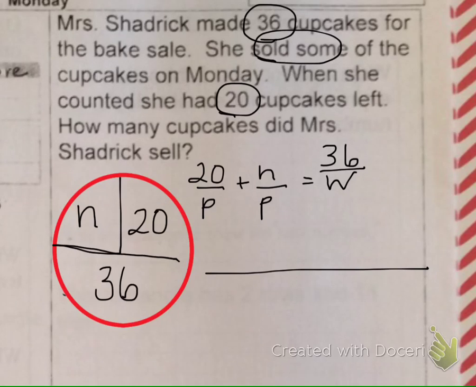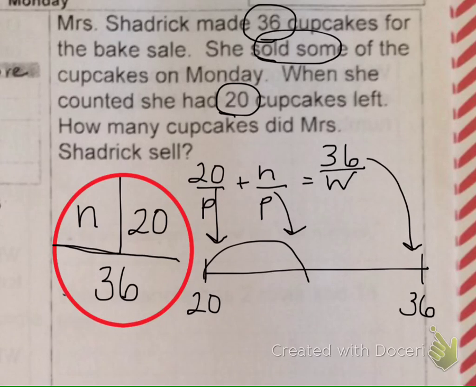So I can use my number line, and I start with the 20, and I end with the 36. And I need to find n, so I need to count the jumps. So 20, and I'm going to count by 10, because it's more than 10 away. 20 plus 10 equals 30. And now I need to count from 30 to 36.